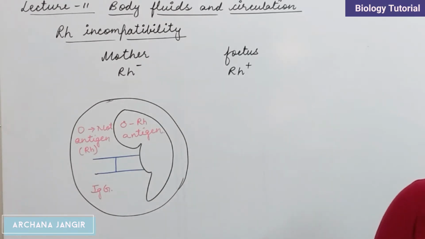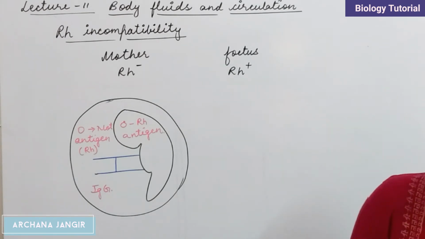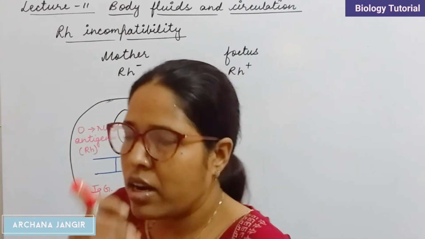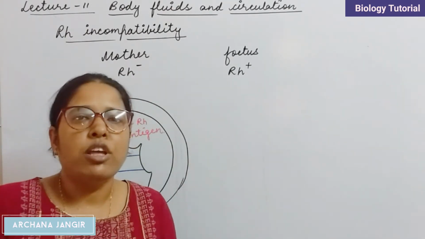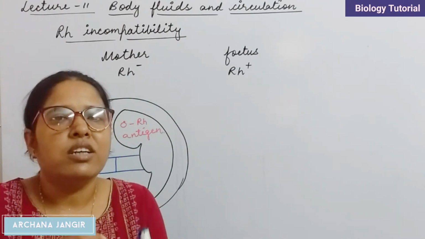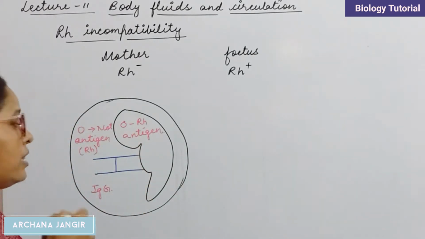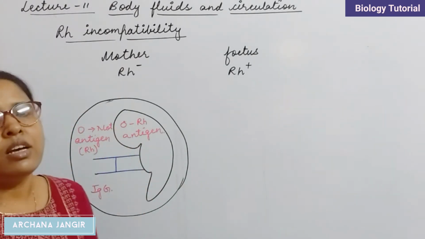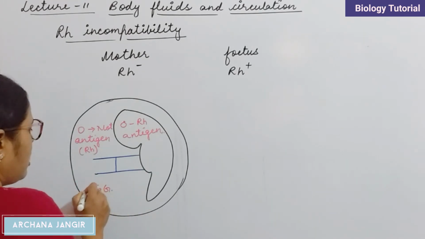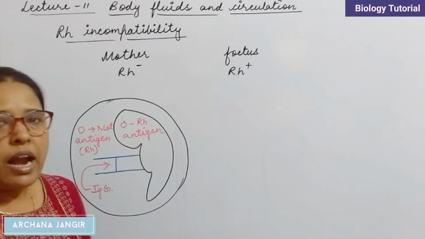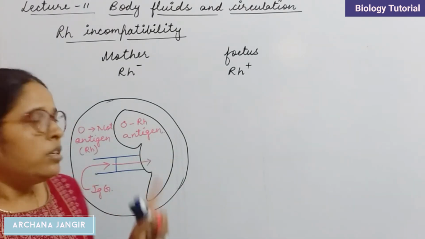So at the time of parturition, when the umbilical cord is getting cut, at that time the maternal blood and fetal blood get mixed, a little amount of blood gets mixed, and when the fetal blood comes into the body of the mother, then her body starts preparing antibodies against the Rh antigen, and these Rh antibodies are IgG type of antibody, and these antibodies can cross the placenta, and they can move through this placental barrier into the body of the fetus.